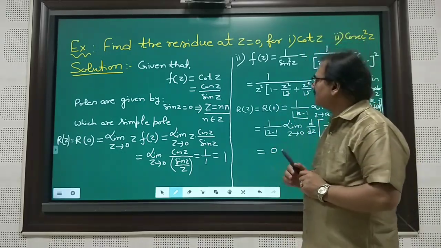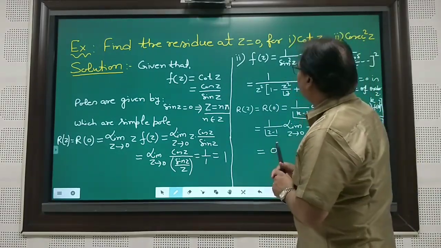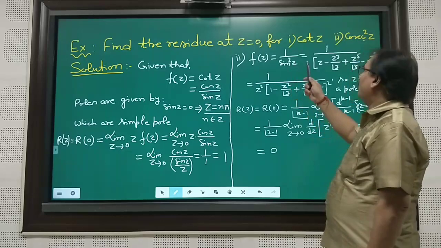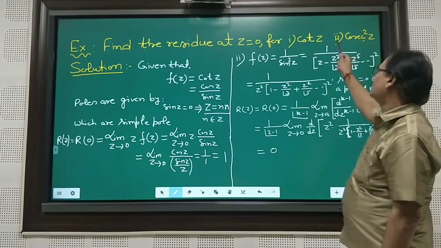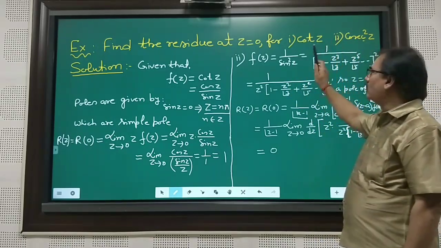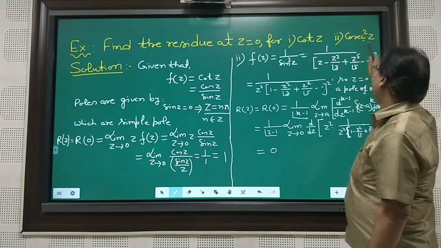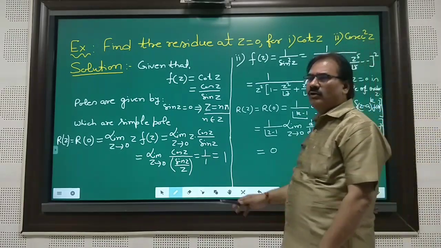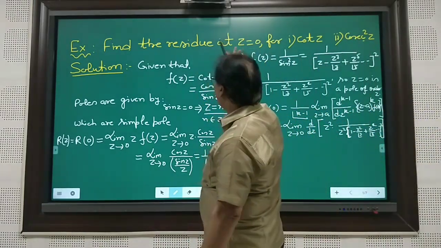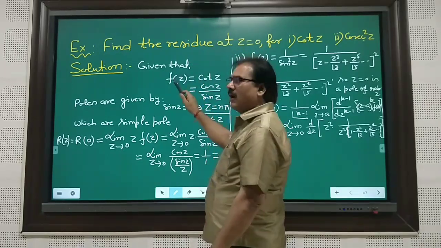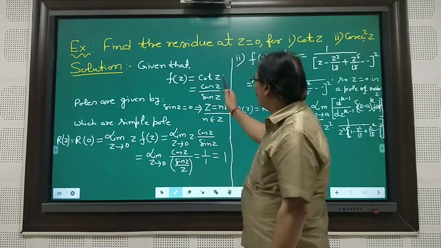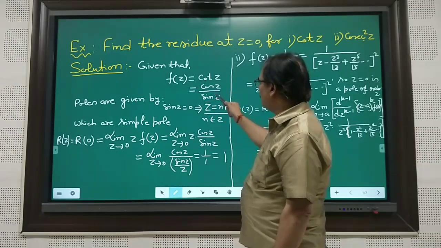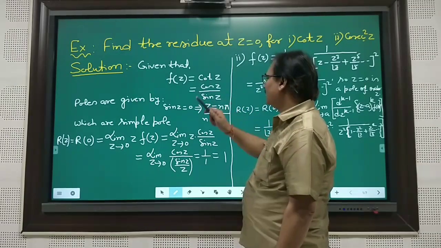So the first type of problem is this: we find the residue at z equal to 0. First, let us suppose the trigonometric function cotangent z, and second is cosec square z. Then how will you go? It is already given in the first problem that f(z) is cotangent z, which can very easily be written as cos z by sin z.